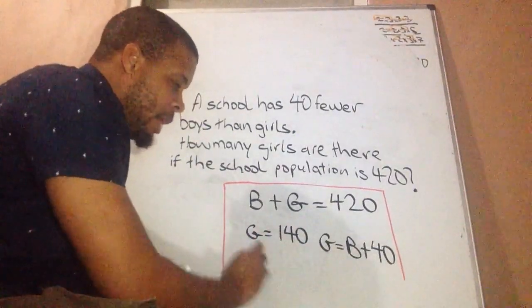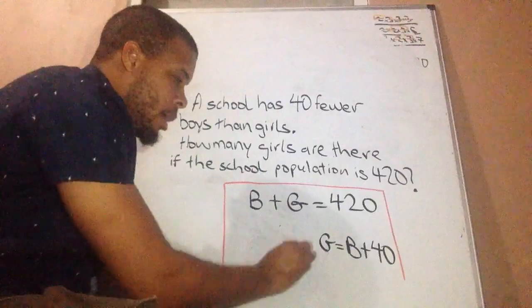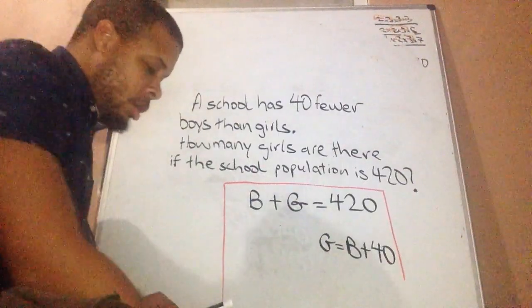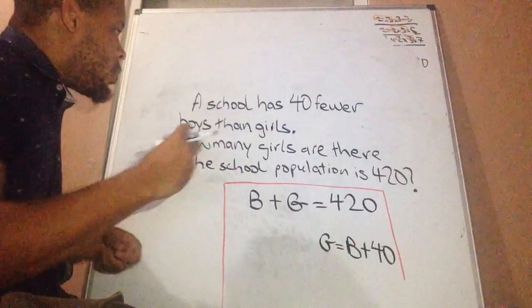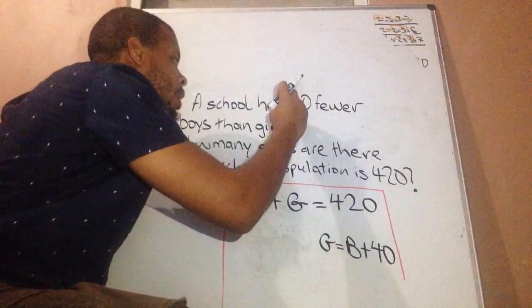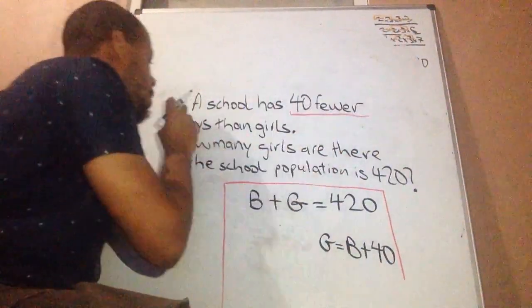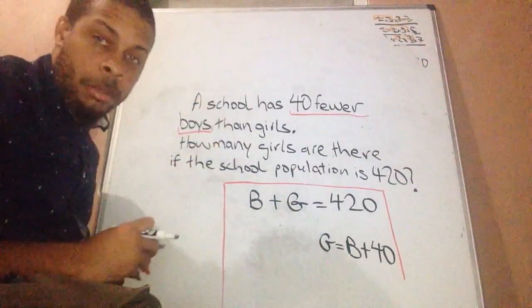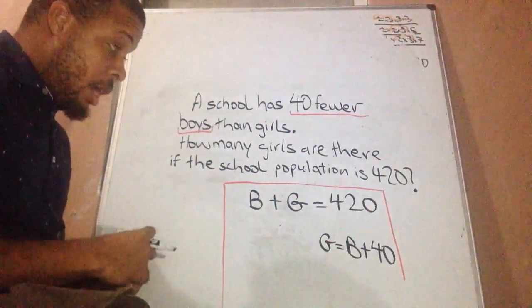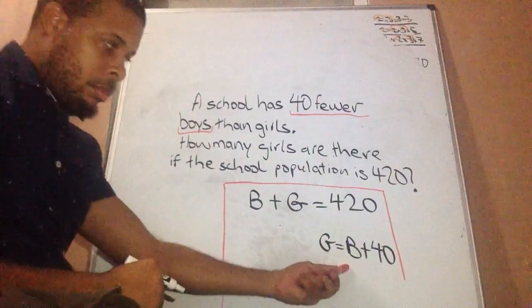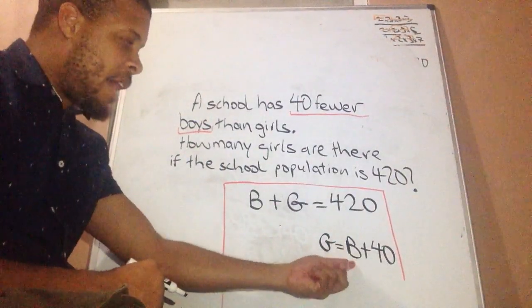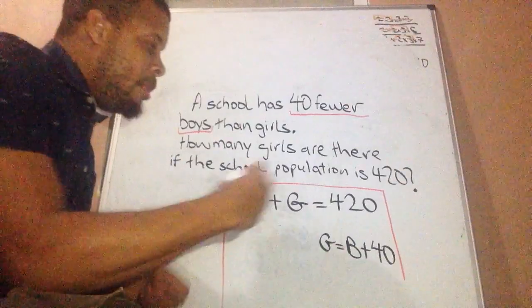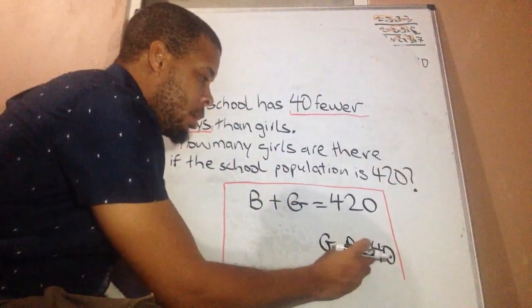It will not make sense right away, but look at it from another perspective. They said that the school has 40 fewer boys. We can change this. We want B to be the subject of the formula.